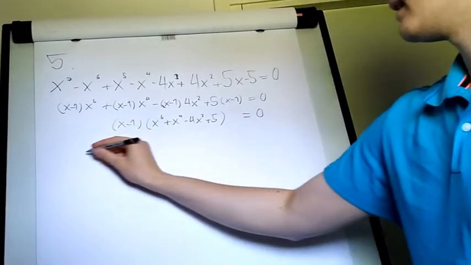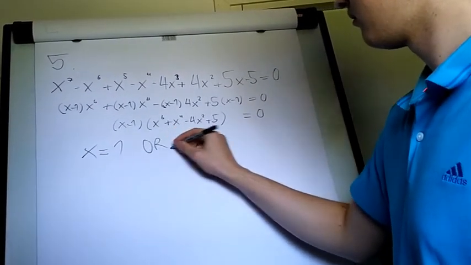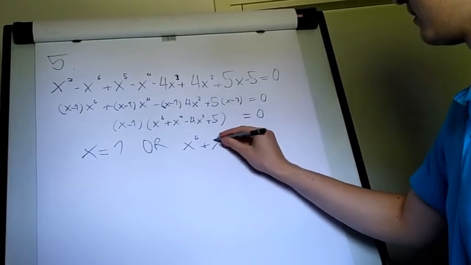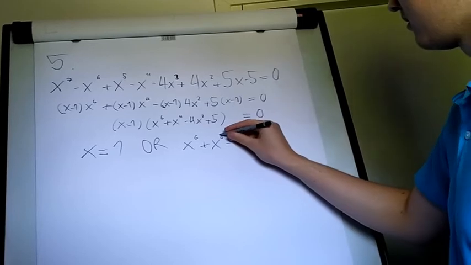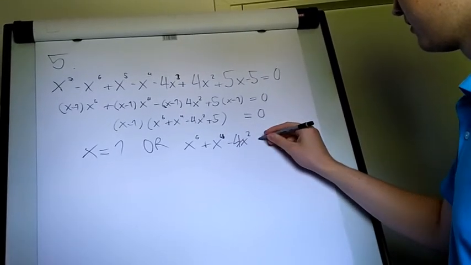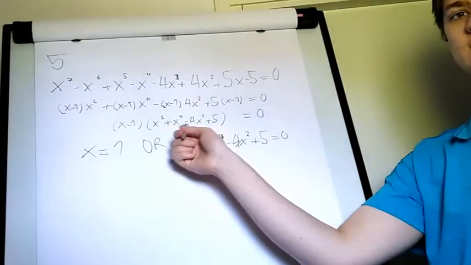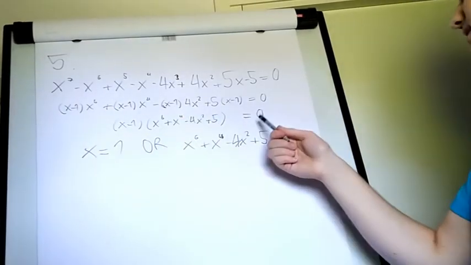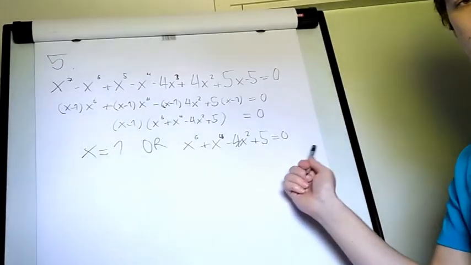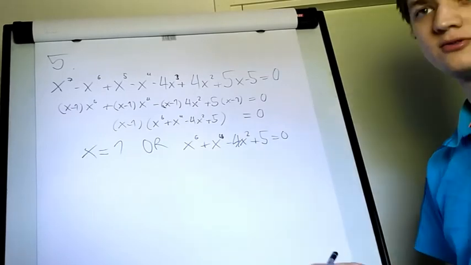But anyways, we get that either x equals 1 or this other expression equals 0, from the fact that either factor must equal 0 if the whole expression equals 0. And now we can underestimate this one to prove that this one has no solutions.